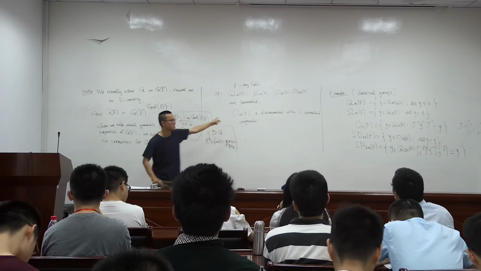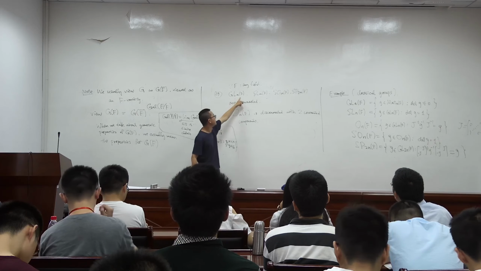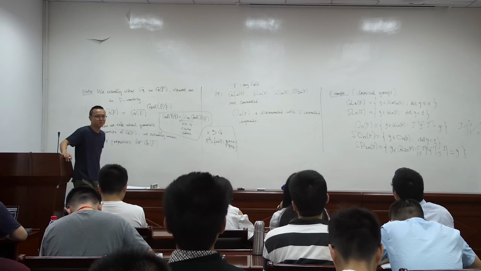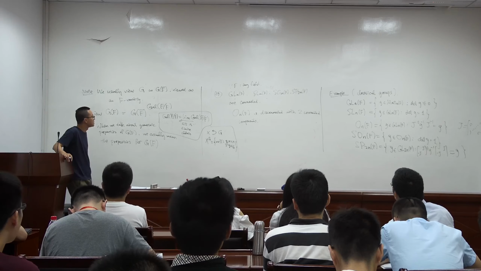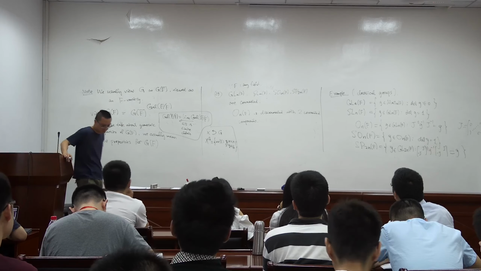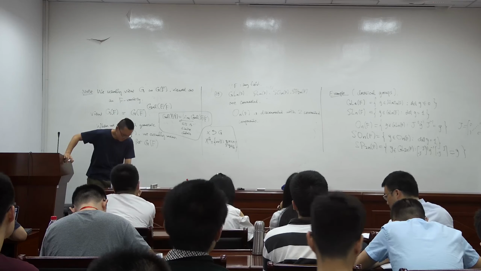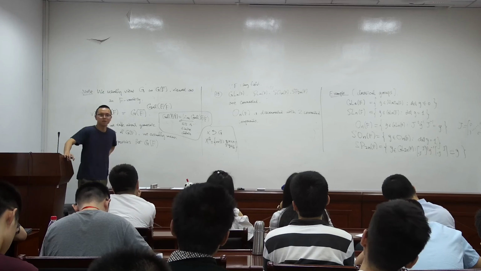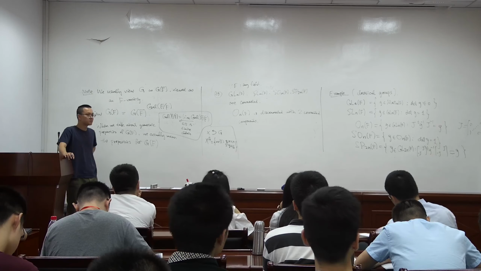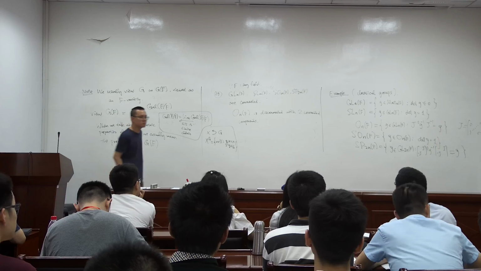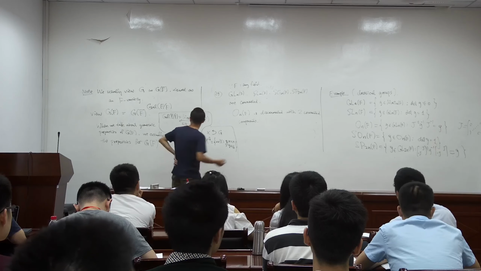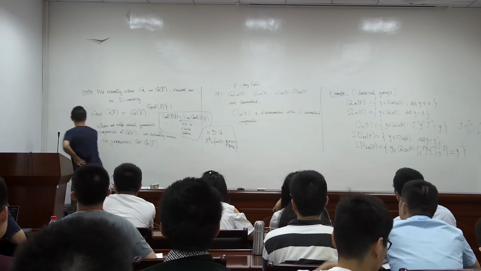It really means the groups GL and C, for example. Which topology? Zariski topology.